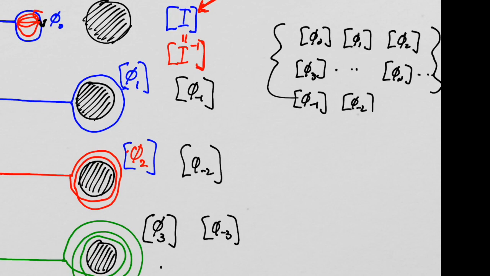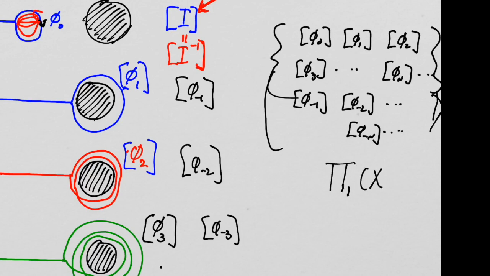Phi minus 2, right? Phi minus n, forever and ever and ever, right? So this is a big old set, but the elements of the set are equivalence classes. Okay, so this set of these equivalence classes is the set that's going to make up what we call the fundamental group. The fundamental group of our topological space X located at the point P, right?